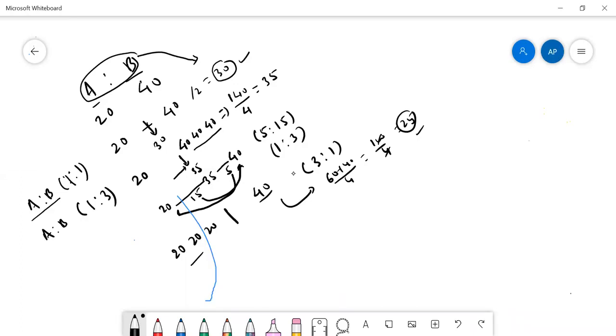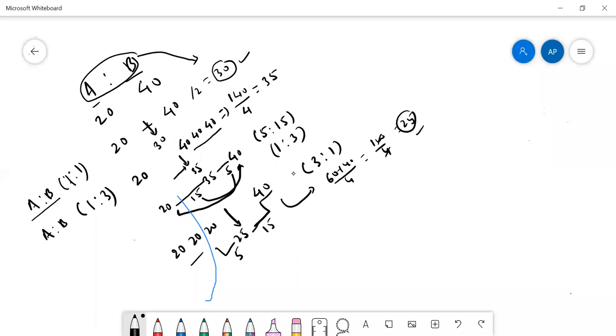So what did you see? That average has shifted from the center toward group A. So again, you can see the difference created by the average. It is 15 far from 40 and 5 ahead from 20.